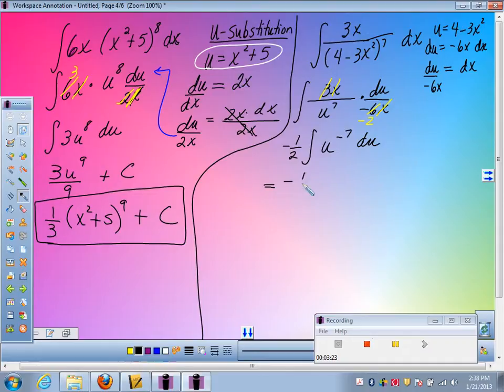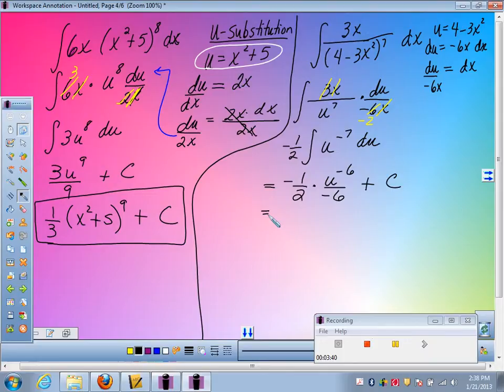Yep. So if I add 1 to the power, that would be u to the negative 6 over negative 6, plus c.